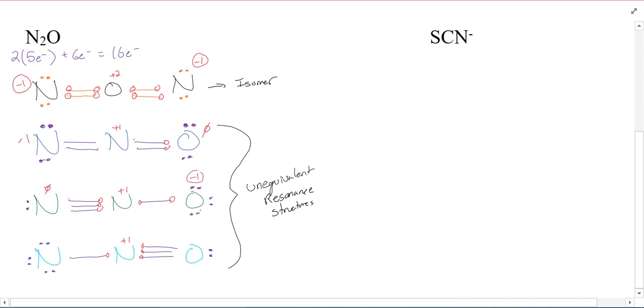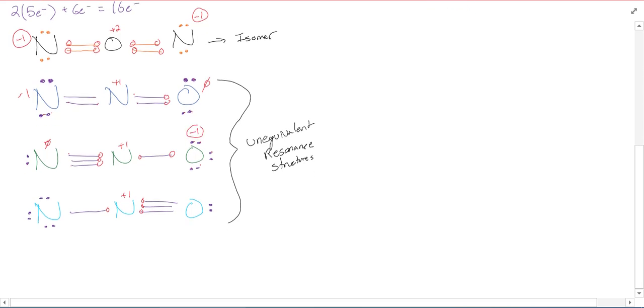It gained an electron. Light blue nitrogen: 1, 2, 3, 4, 5, 6, 7. Nitrogen has 7. It brought in 5. It gained 2 electrons, so it's minus 2. Light blue oxygen: 1, 2, 3, 4, 5. It has 5 electrons. It brought in 6, so it lost an electron, so that means it's plus 1.